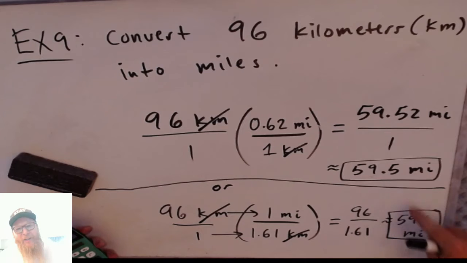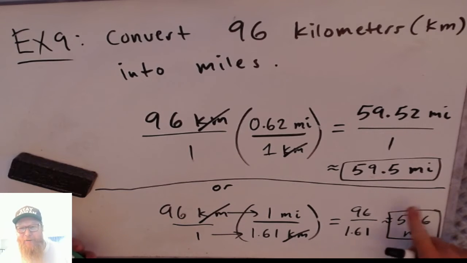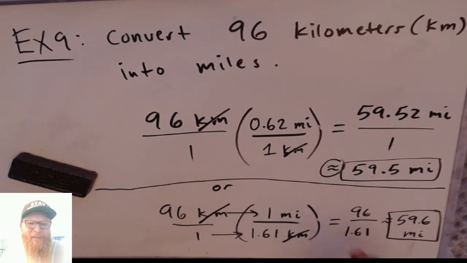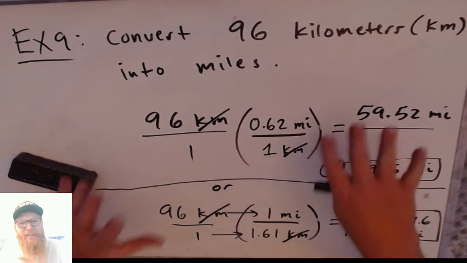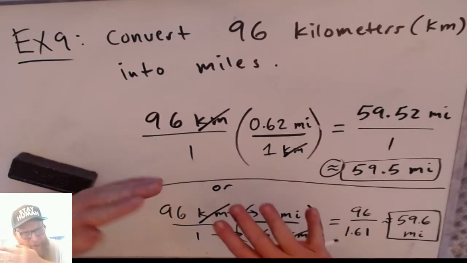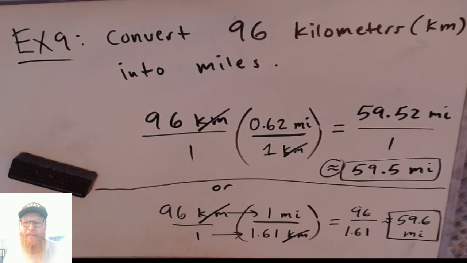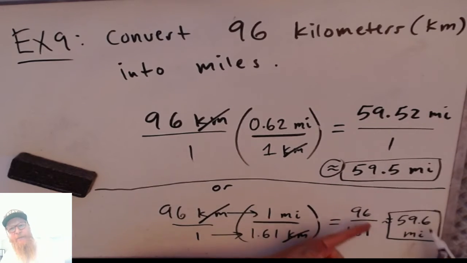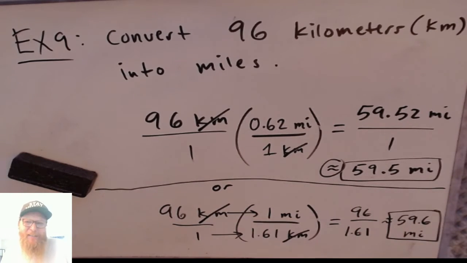So it's going to be close, but remember, these are approximations, so none of the conversions that have the approximately sign are going to give you exactly the same value. But these are pretty close. I would actually just say 60 miles.